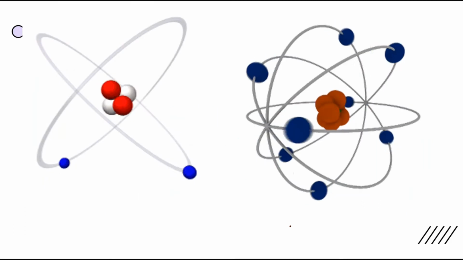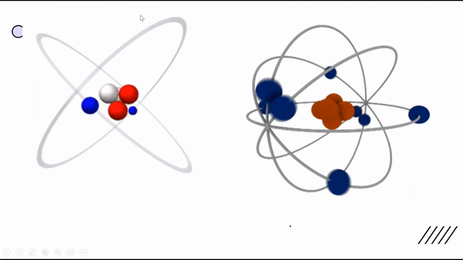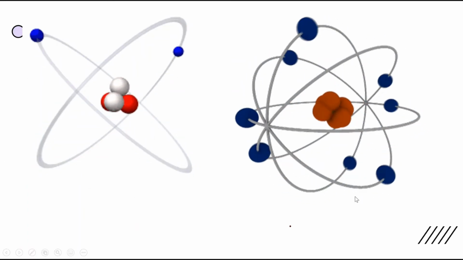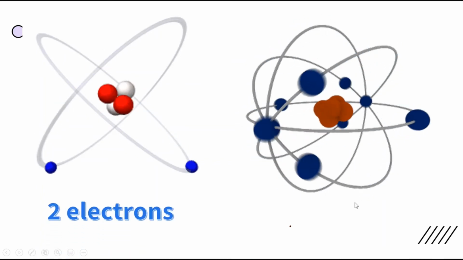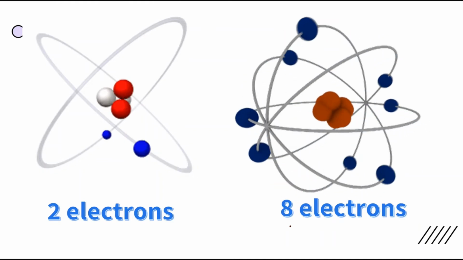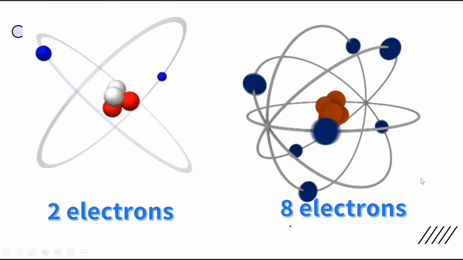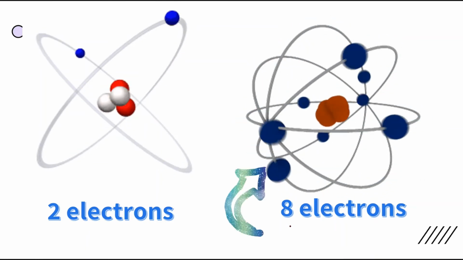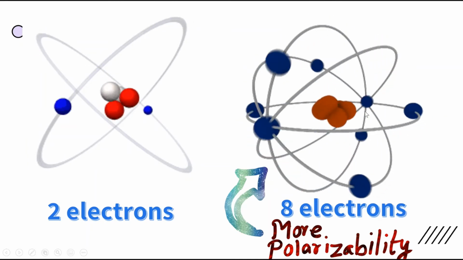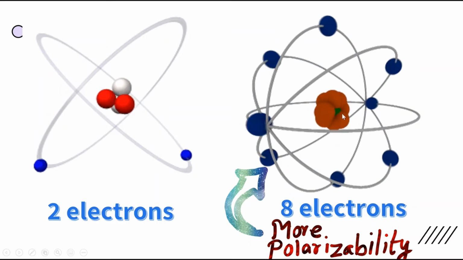For example, the helium atom has only 2 total electrons, whereas the atom on the right has a total of 8 electrons. So you have much more significant imbalances, and more imbalances means more polarizability for the right-hand side atom, because it has more electrons.